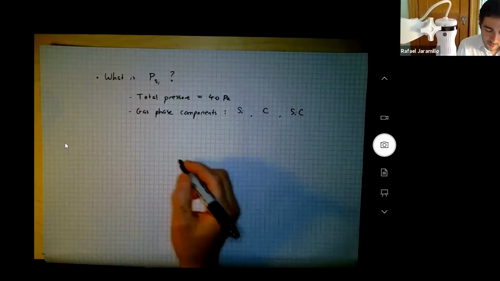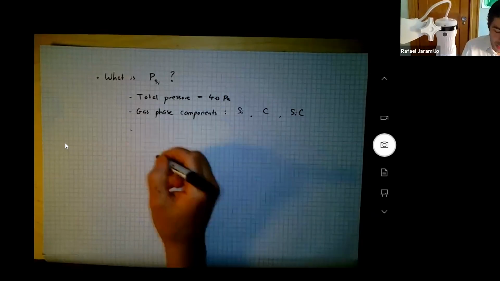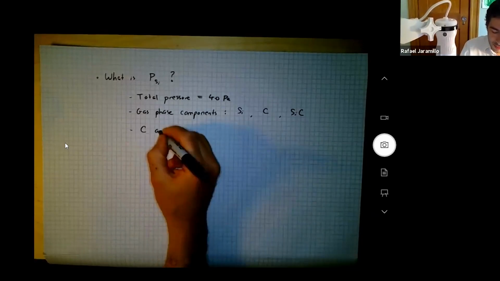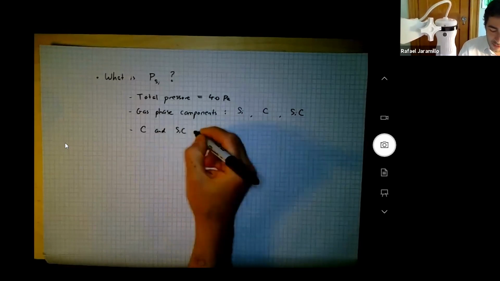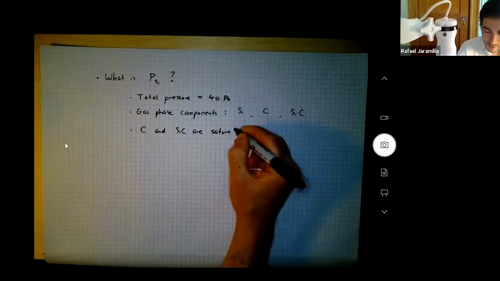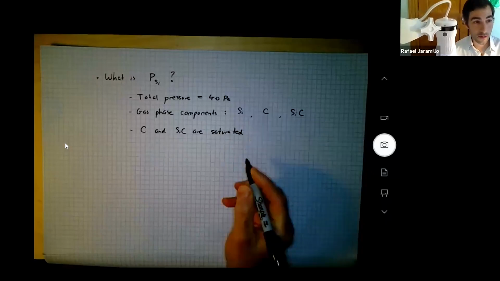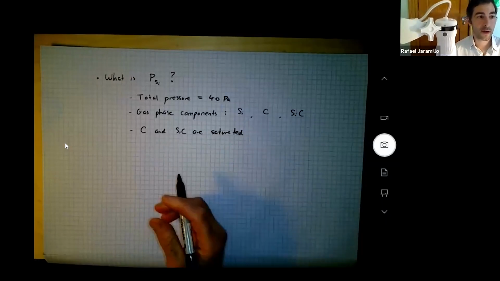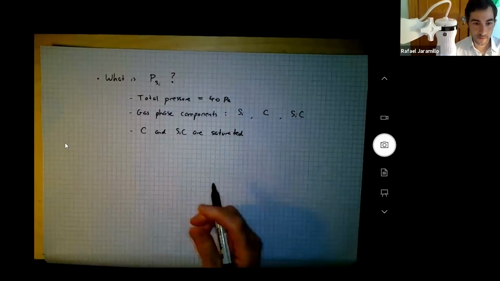Turns out it doesn't matter whether they're silicon carbide molecules. We know that carbon and silicon carbide are saturated. That's just by observation, because the pure components are there, so their vapor pressures are saturated.